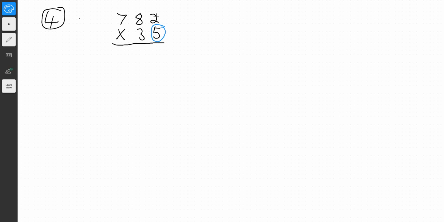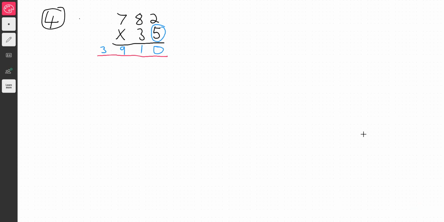And we're going to go 5 times 2 to give us 10, so we write 0 and carry the 1 over. 5 times 8 is 40, and then we're going to add the 1 onto that, so we're going to get 41. So write the 1 there, carry the 4. And 5 times 7 is 35, add the 4 to that, we're going to get 39, carry the 3, and because there's nothing there, we're going to just write the 3 up there.